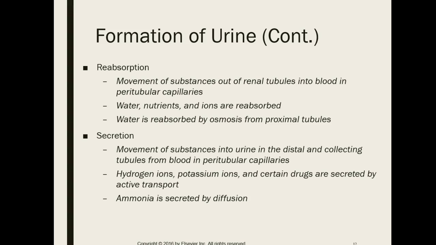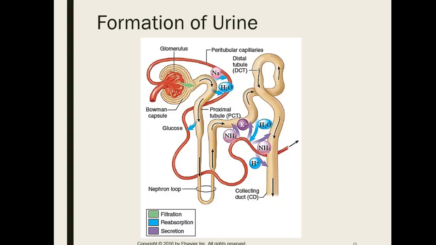During reabsorption, the body is reabsorbing water, nutrients, ions, that sort of thing. So it's moving substances from the urine into the bloodstream. And then secretion is going to move substances from blood into the urine. So hydrogen, potassium, certain drugs, ammonia, those sort of things are all going to move from the blood into the urine to be excreted from the body.